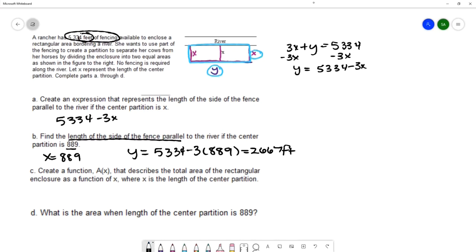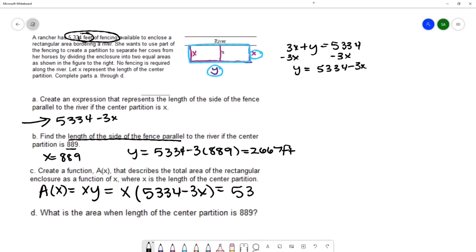So our area function will be x times y, but we had an expression for y from part A. So that's x times 5,334 minus 3x. And we can use the distributive property to write this as 5,334x minus 3x squared. So now we have a function that represents the area of those enclosures.